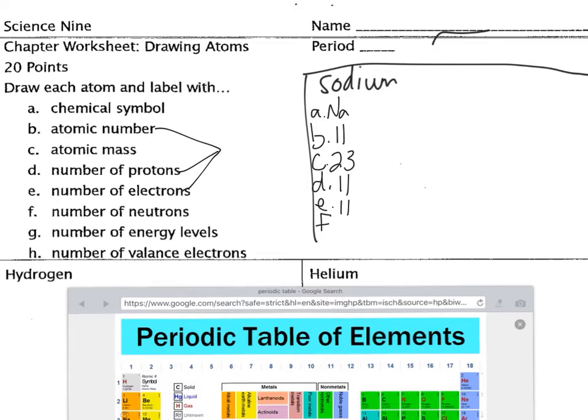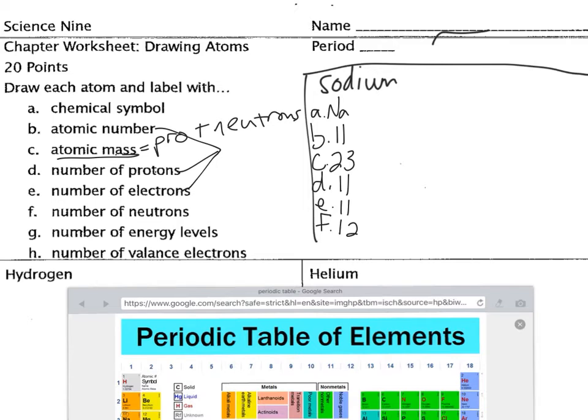Remember, this mass number equals your protons plus your neutrons. So to figure out the number of neutrons, since that's a combination of both protons and neutrons, you subtract your protons from your mass number, or your atomic number from the atomic mass. So I'm going to take 23 minus 11, and that'll give me 12 neutrons.